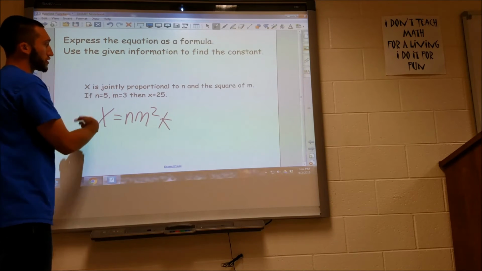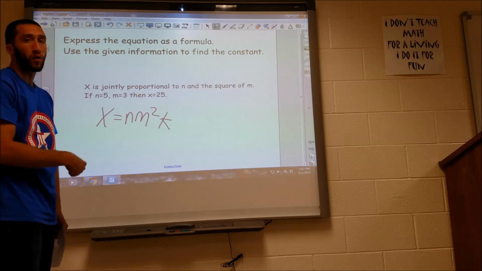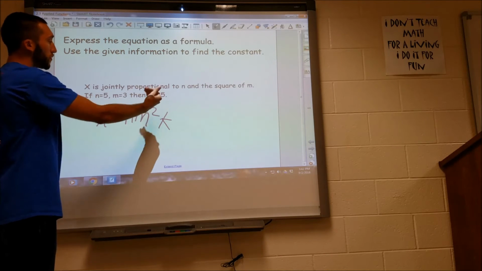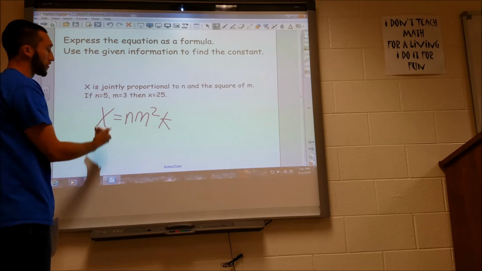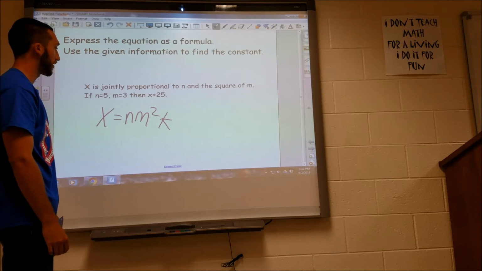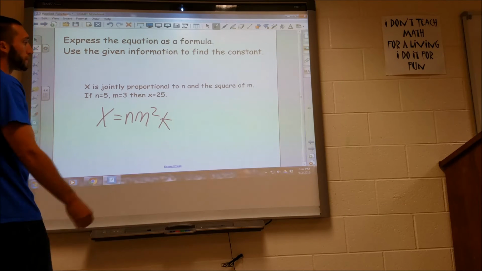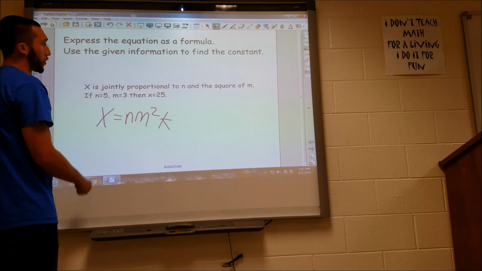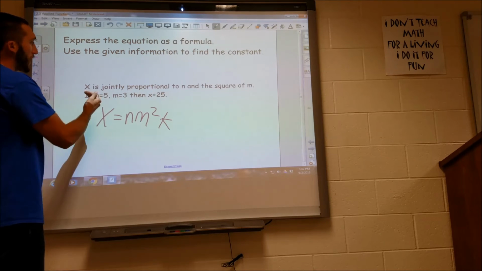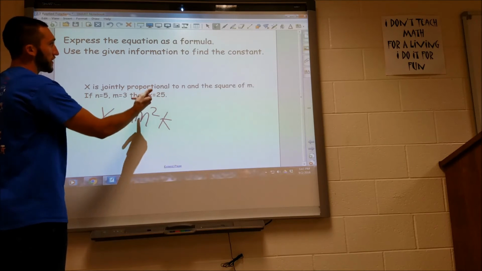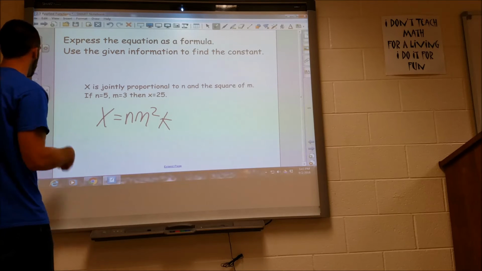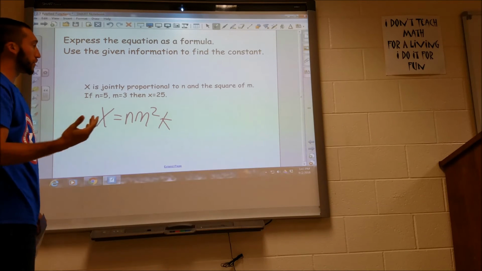So jointly proportional just means more than one variable is also proportional to our k, or our x here. So first we found our formula, jointly proportional, and then they ask us to find the constant just like in our previous example. So let's plug in what we know.